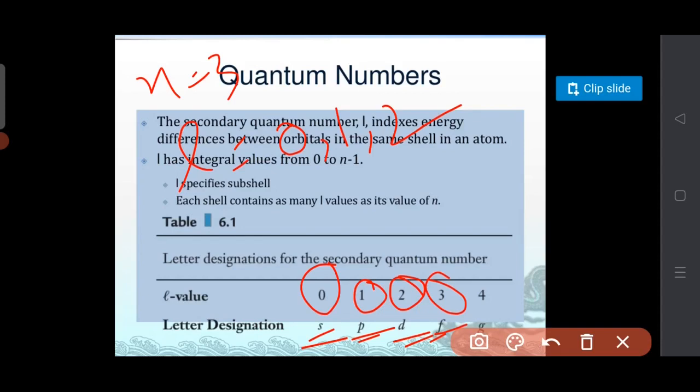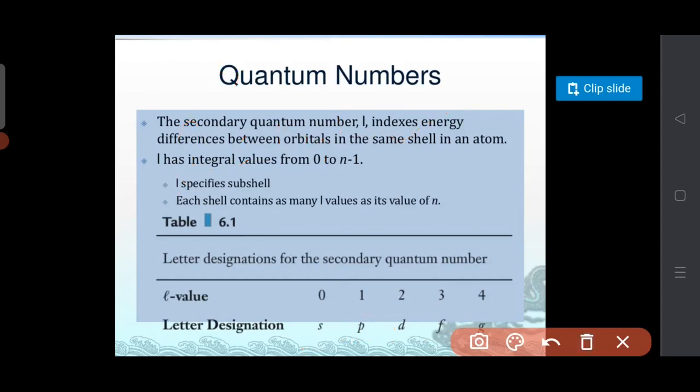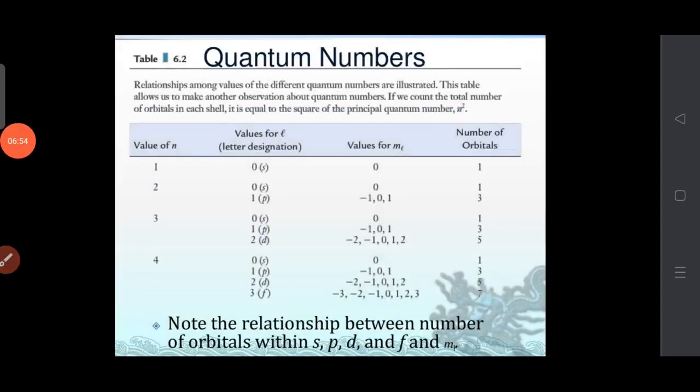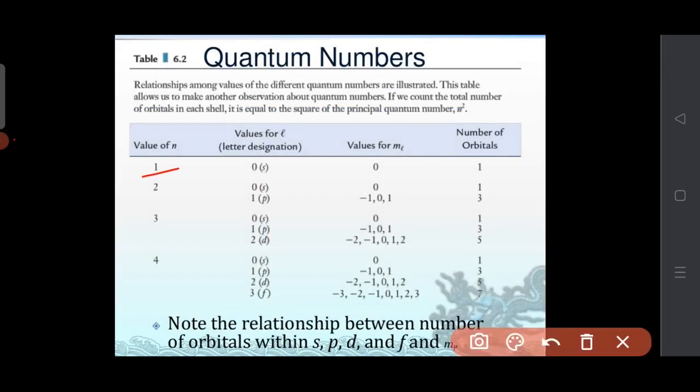Okay, and if we know the principal quantum number, we can easily get the azimuthal quantum number. See, in this table everything is written. If the principal quantum number is 1, then the azimuthal quantum number is 0, the magnetic quantum number is also 0 and the number of orbitals is 1. Okay. So, how will we get the magnetic quantum number?